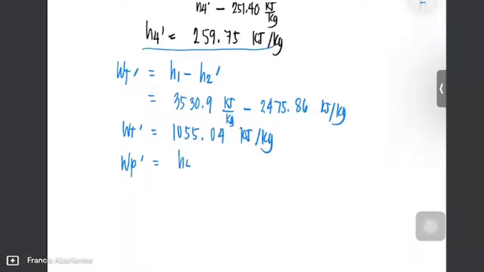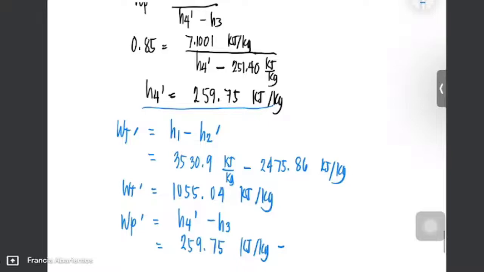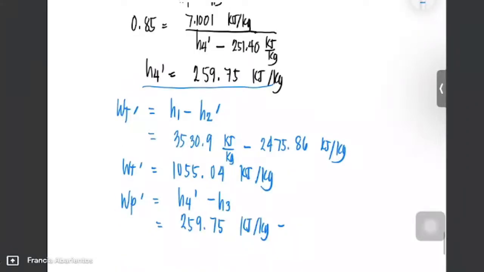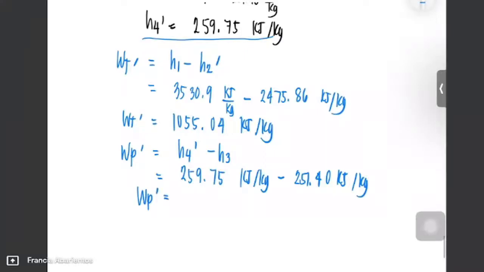We have the H4 prime minus H3. So, 259.75 minus yung H3 natin. Ito yung H3 natin, 251.4. Sige, paki-compute niya for the pump work.